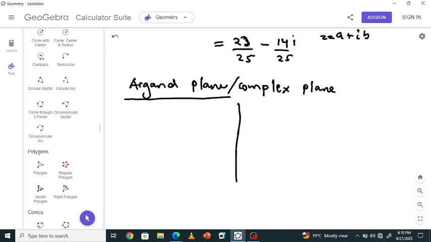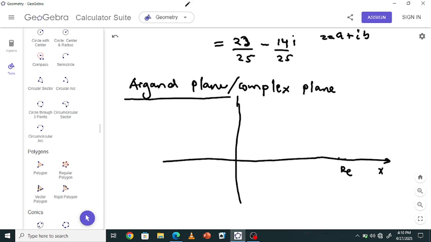We have the x-axis. This one has the real numbers, so we call it the x-axis or Re. But now the y-axis here has the imaginary numbers. Now here we will have i, 2i, 3i. Then here we have negative i, negative 2i, negative 3i.